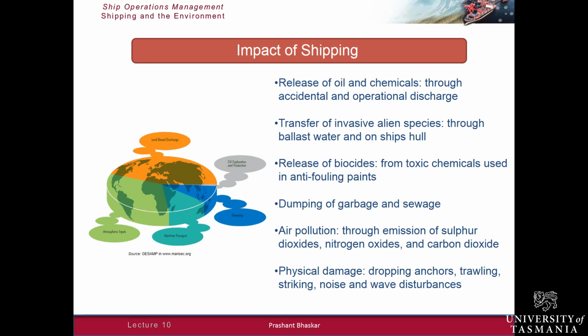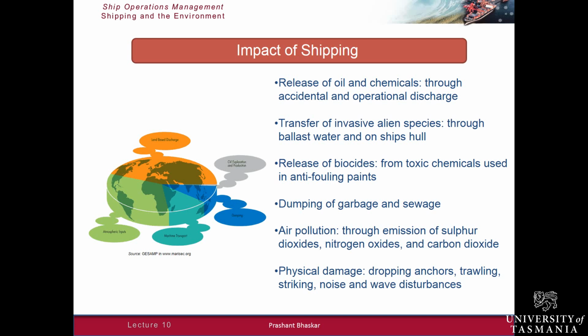So what's basically the impact of shipping? And this slide summarizes that. One is that ships can release oils and chemicals, and this could be either due to accidental discharge of oil and chemicals, or it could be part of operational discharge.